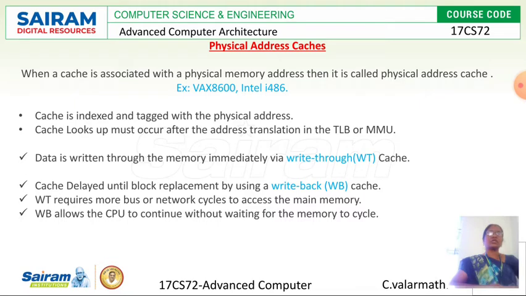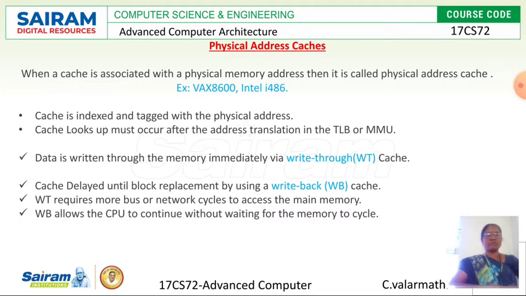There are two types of caches here: write through cache and write back cache. Write through means your data will be immediately written to the cache.